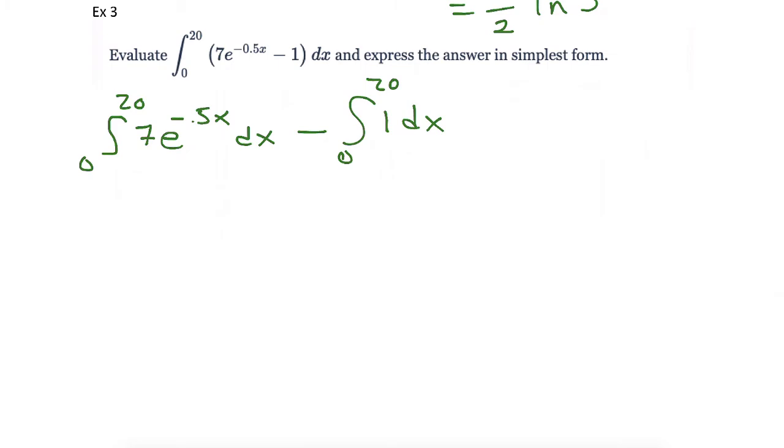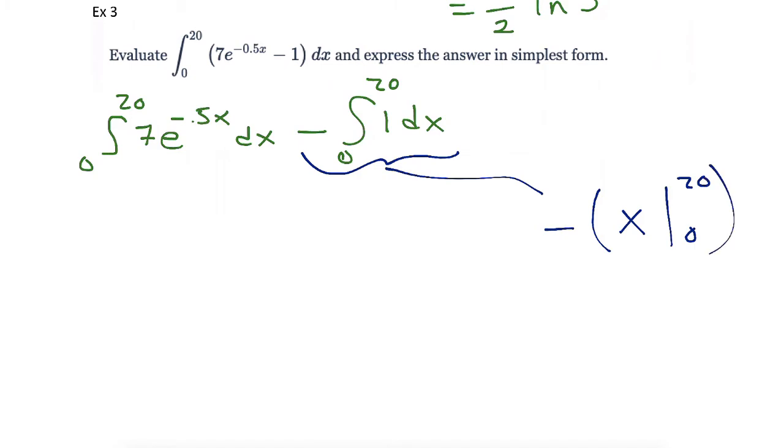Now, the second one is pretty easy, right? We can integrate that second one. It is minus x evaluated from 0 to 20, because the integral of 1 dx is just x.